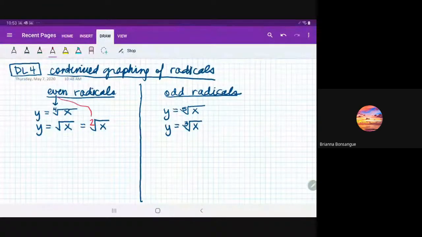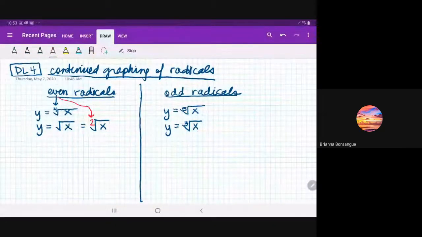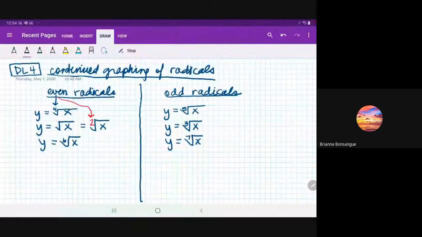Usually people don't put the 2 there, they just know you need pairs of 2. Any odd radical problems behave the same way, like the 7th root of x, and any even radical problems behave the same way.